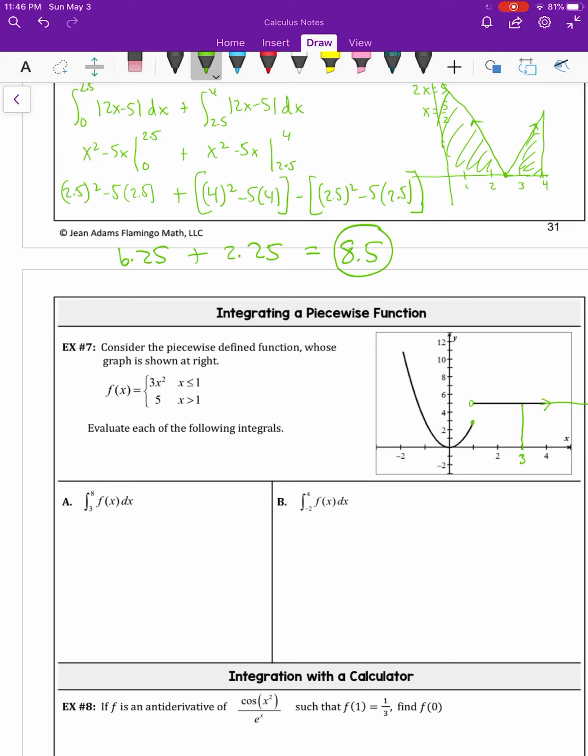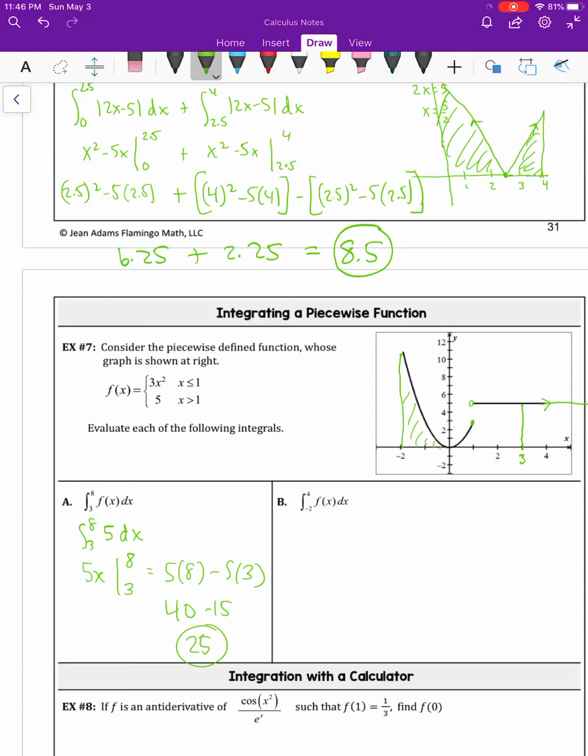So we're going to integrate from 3 to 8. Well, from 3 to 8, it's just going to be 5. That's just going to be a rectangle, right? We're going to go ahead and say this is the integral from 3 to 8 of 5 dx. So this is 5x from 3 to 8. So 5 times 8 minus 5 times 3. 40 minus 15, 25.